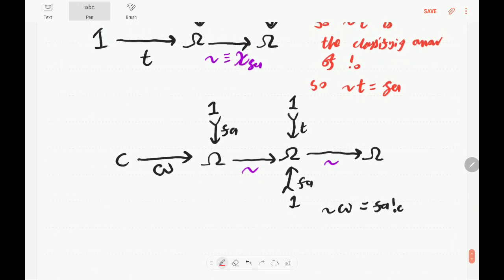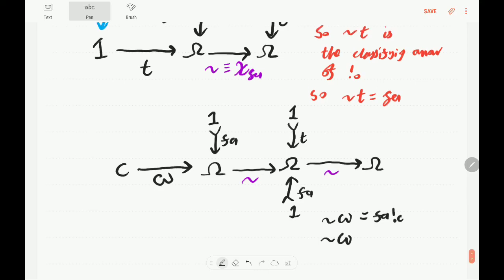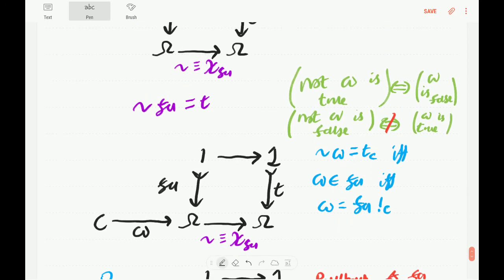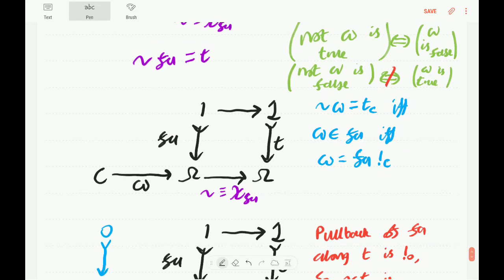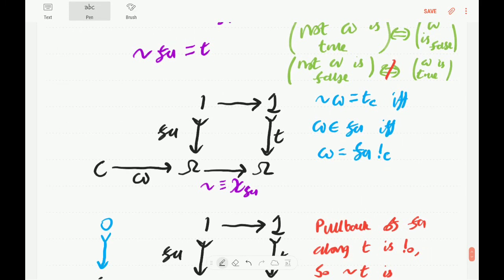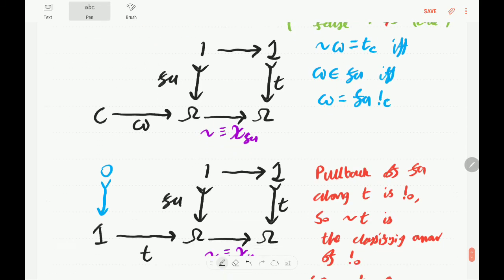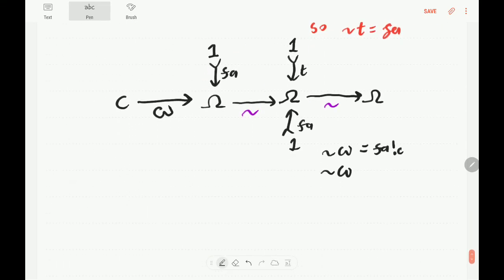So if we have not W is false, well then we know from this result that not W is true.